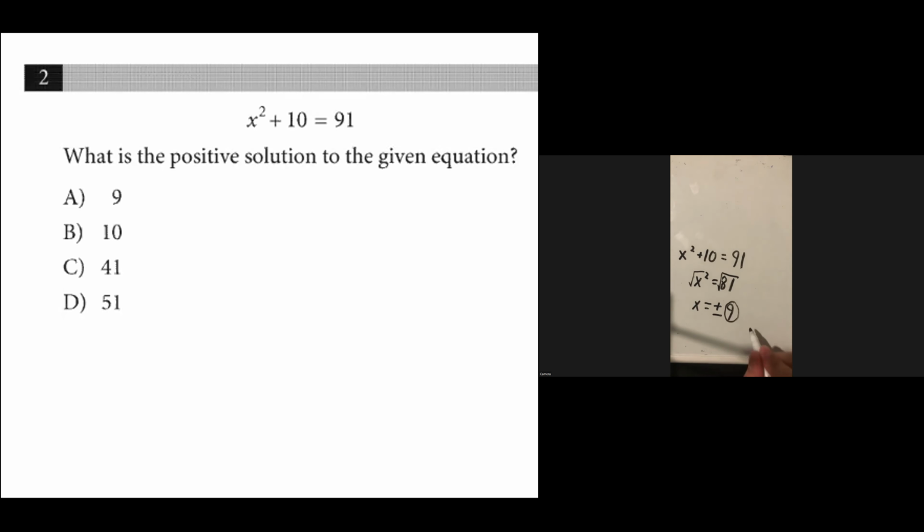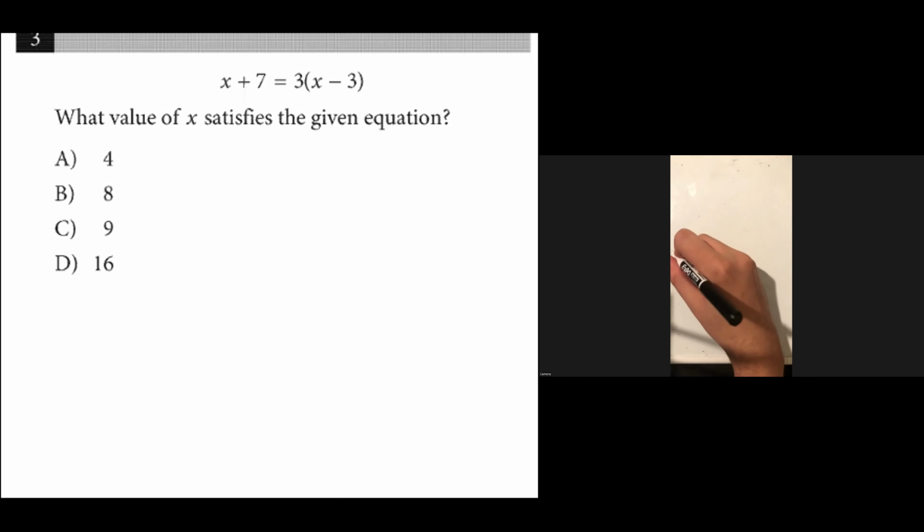Okay, question 3. Okay, so for this one, we have a similar thing where we have to find the value of x.